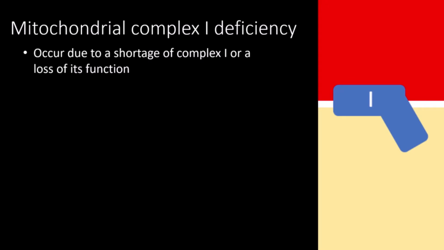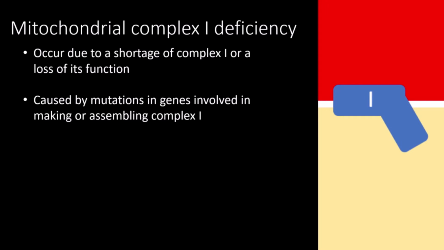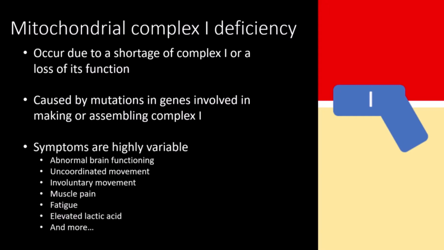So mitochondrial complex 1 deficiency occurs due to a shortage of complex 1 or a loss of its function. This can be caused by mutations in genes involved in making or assembling the protein complex 1. The symptoms of this disease are highly variable.